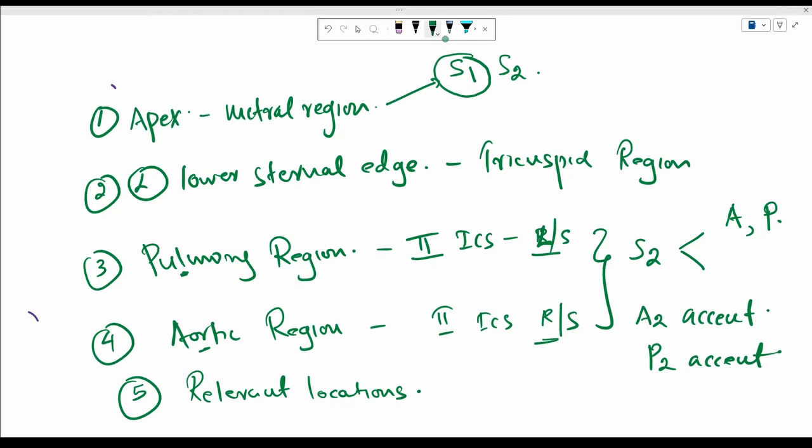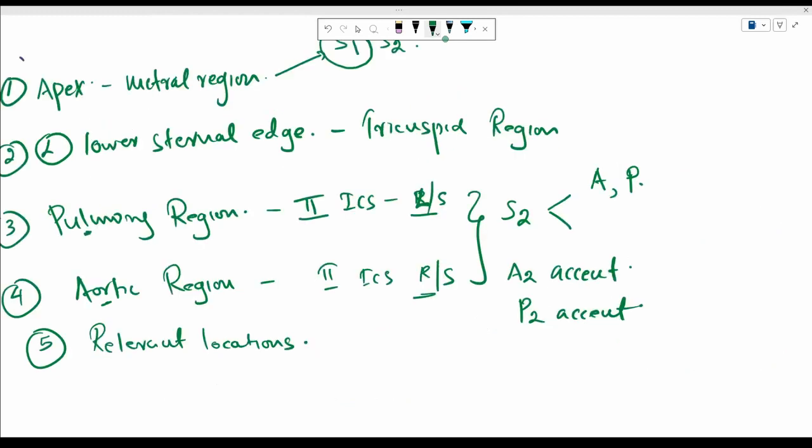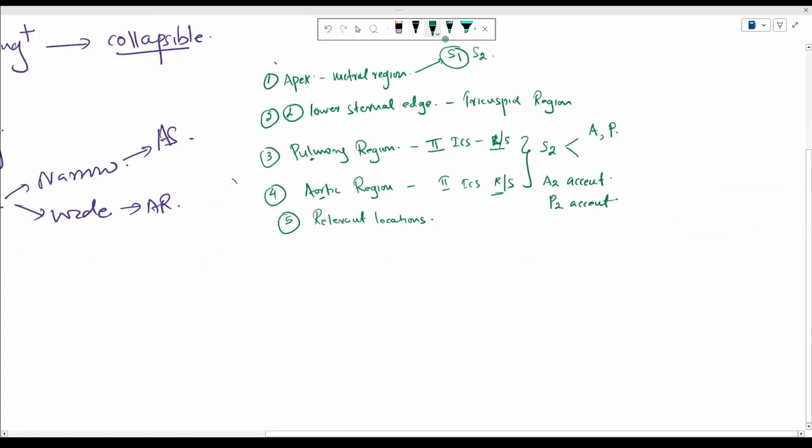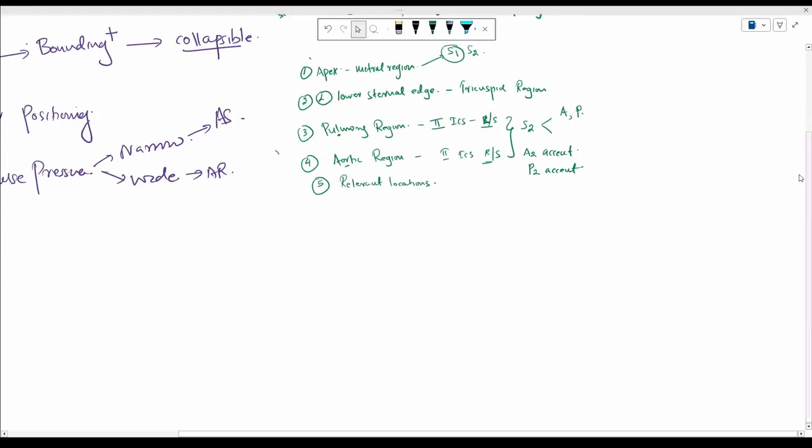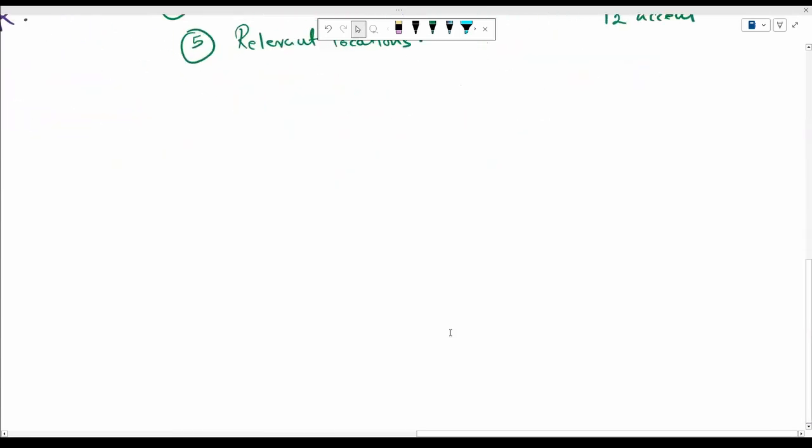Then what do I mean by relevant locations is that when you auscultate, you are mostly focusing on murmurs. Am I right?